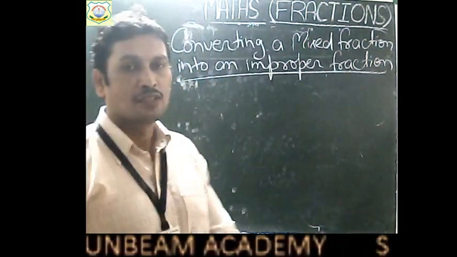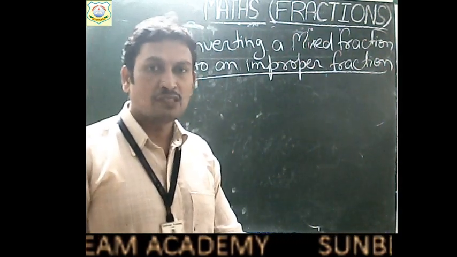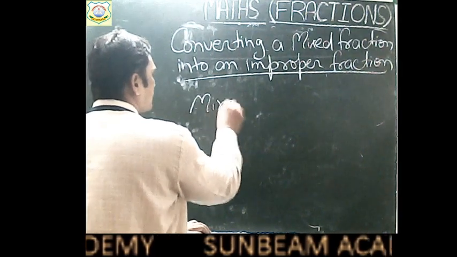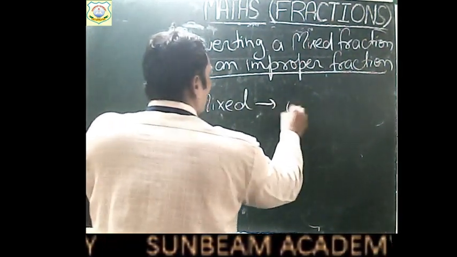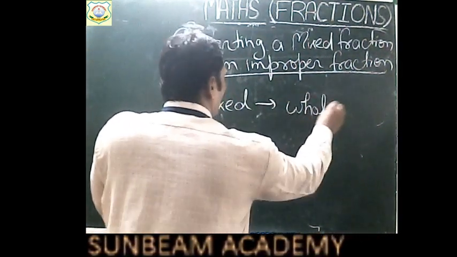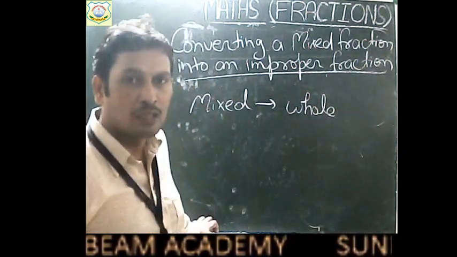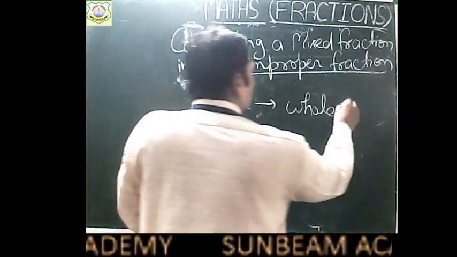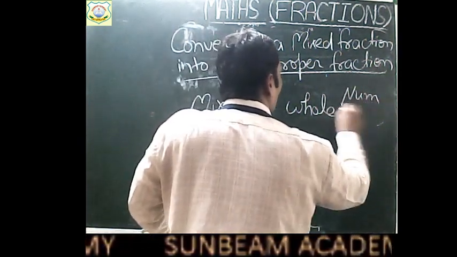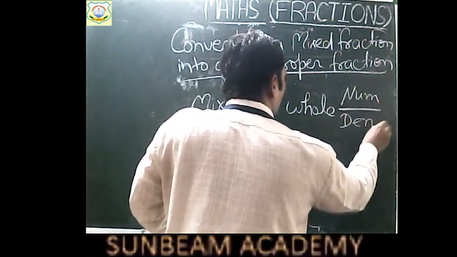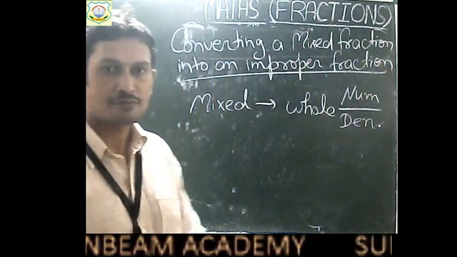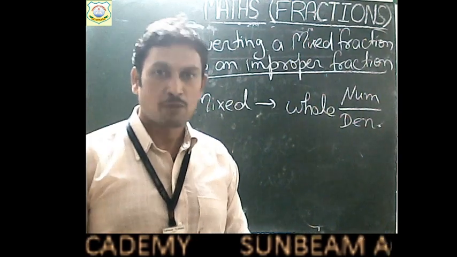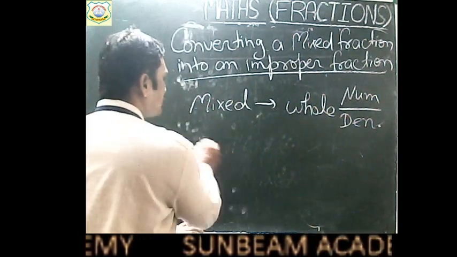Right, children? So if you see a mixed fraction, you will find that in a mixed fraction there is a whole number, okay, and the whole number is followed by a fraction. So in a fraction there will be a numerator upon denominator, right? This is the form of a mixed fraction. Now to convert this into an improper fraction, how will you convert this, children?